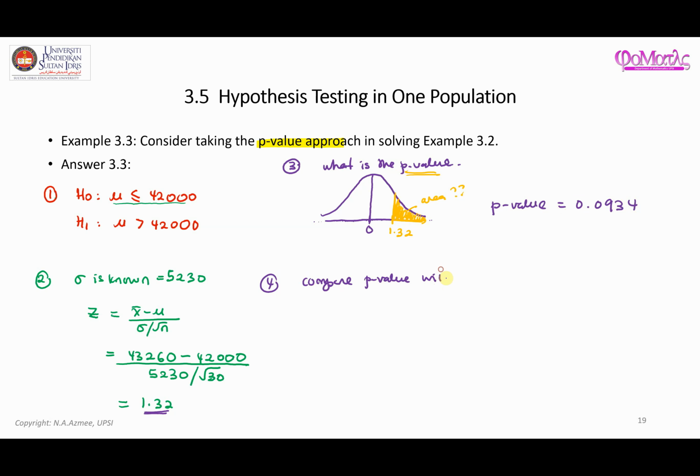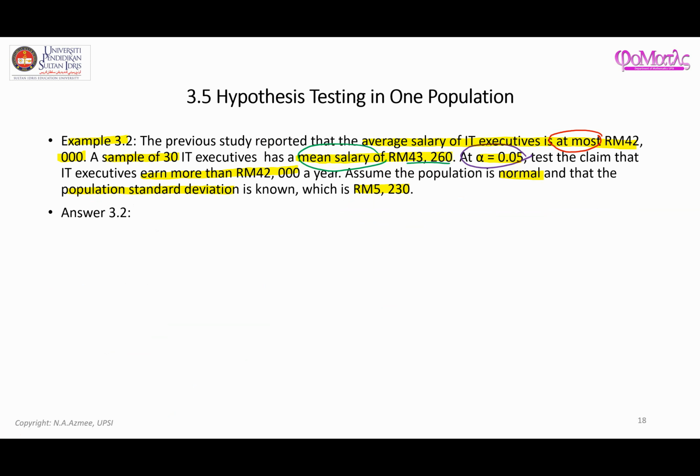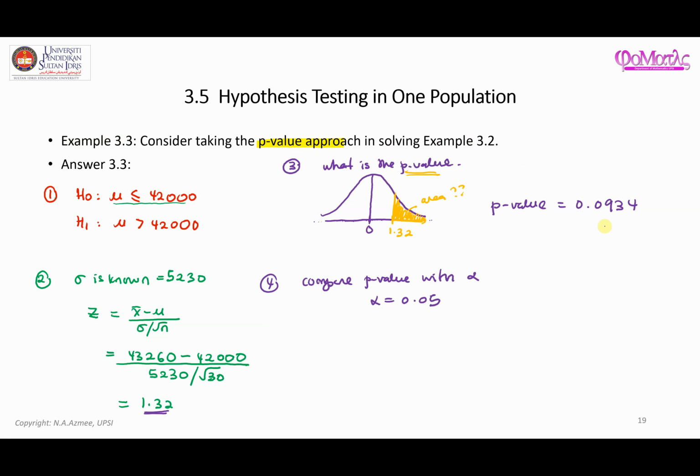Based on the question given here, alpha is equal to 0.05. Since the p-value is greater than alpha, 0.0934 is greater than 0.05, we won't be able to reject the null hypothesis.